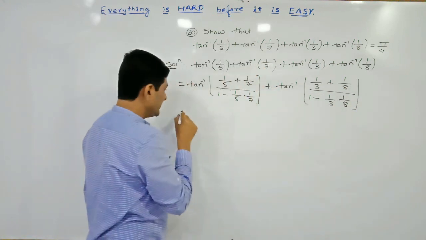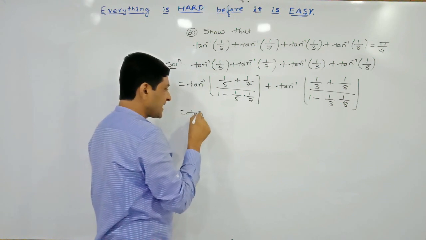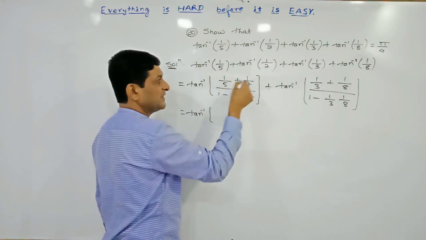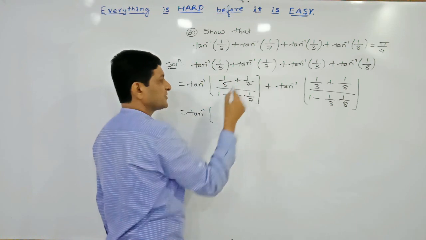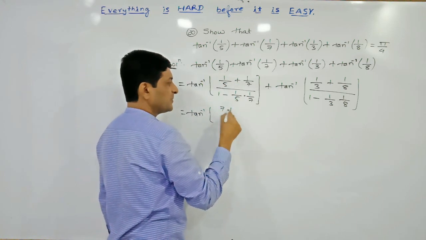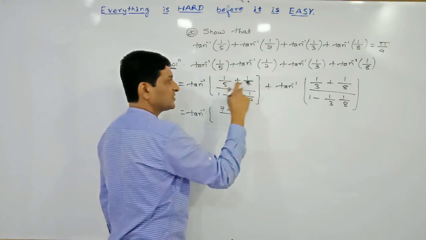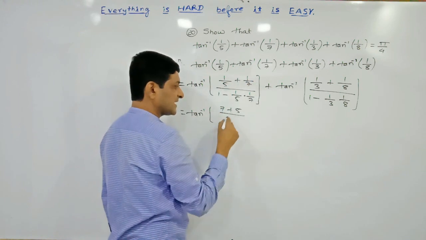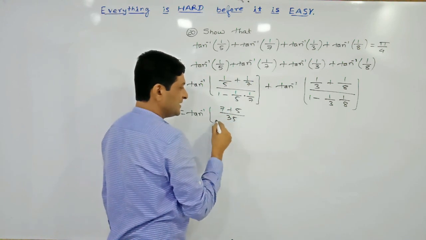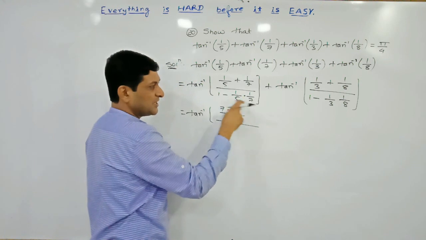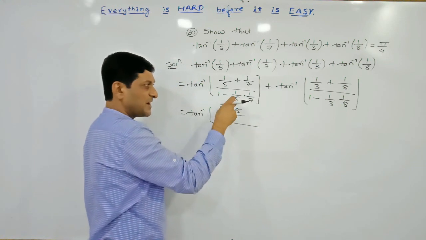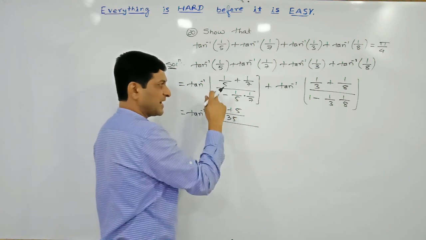So which is equal to, let us simplify, tan inverse of, here what we will get? 7 plus 5, taking the cross multiplication, 5 7s are 35, divided by 35 minus 1, since 7 5s are 35 and 35 into 1 is 35.